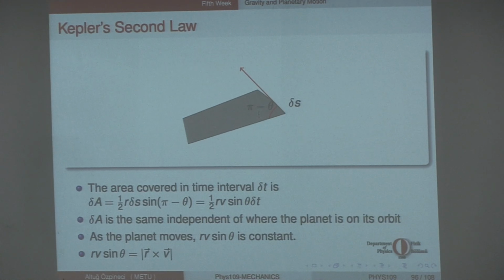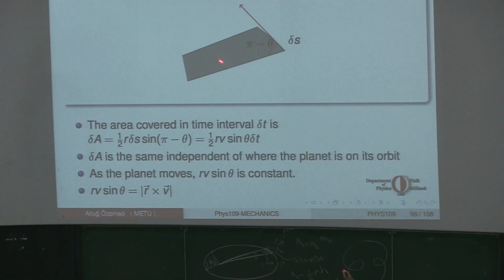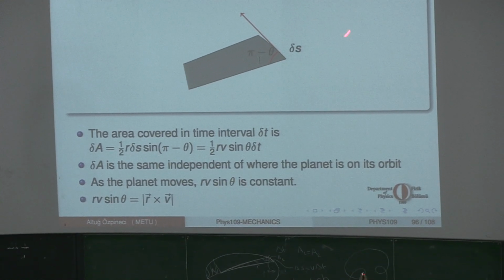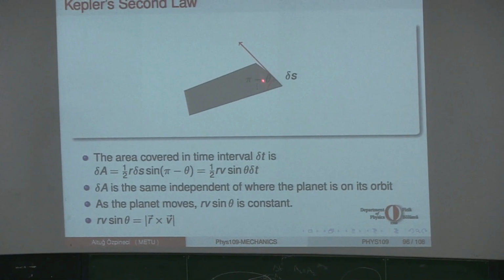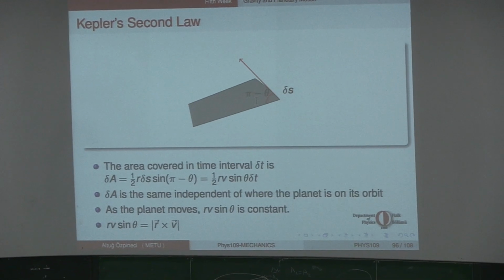Why did I define it as pi minus theta rather than theta? Well, it is because this is my position vector, the radius vector, pointing in this direction. This is my velocity vector. I define theta as the angle between the position vector and the velocity vector. So this angle over here is my theta angle.